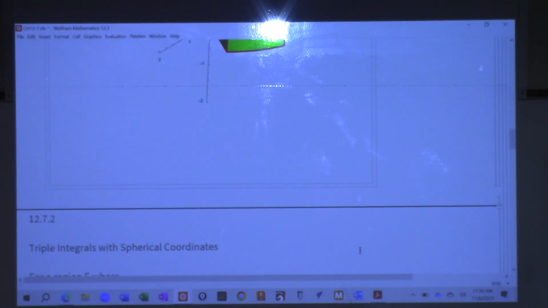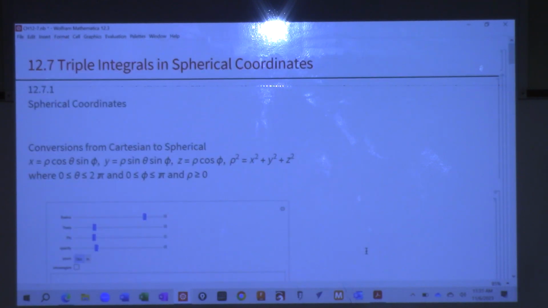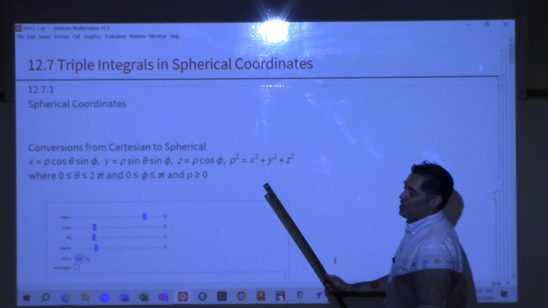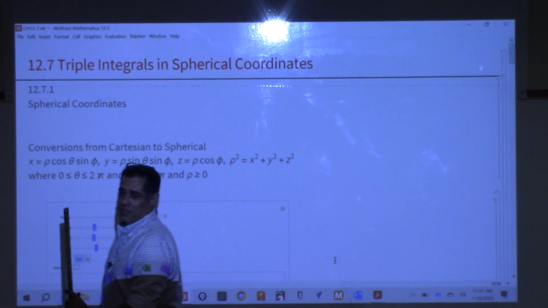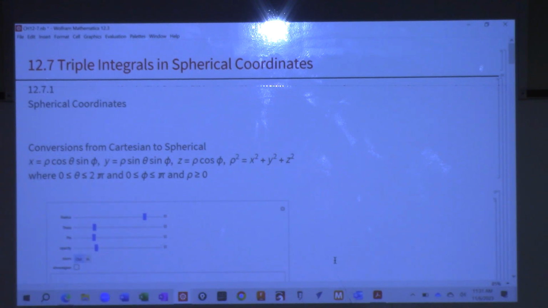It's called spherical coordinates. Before we get all bogged down with how to convert from Cartesian to spherical, because it looks absolutely horrific, I want us to talk about just how the system works first, all right?